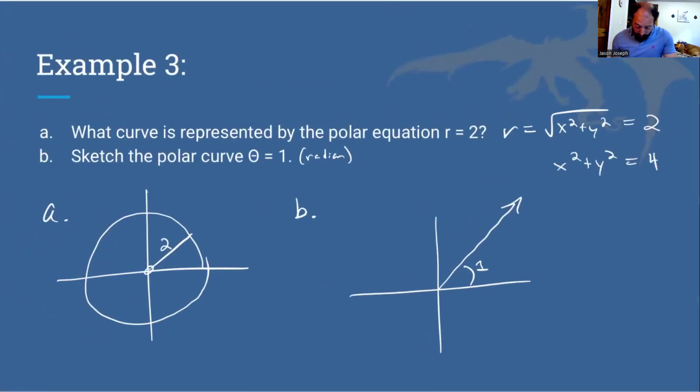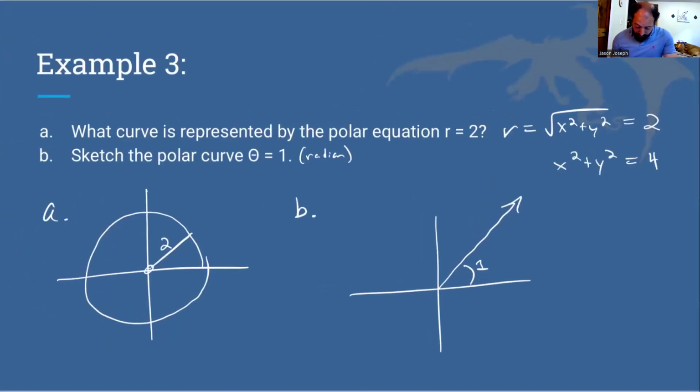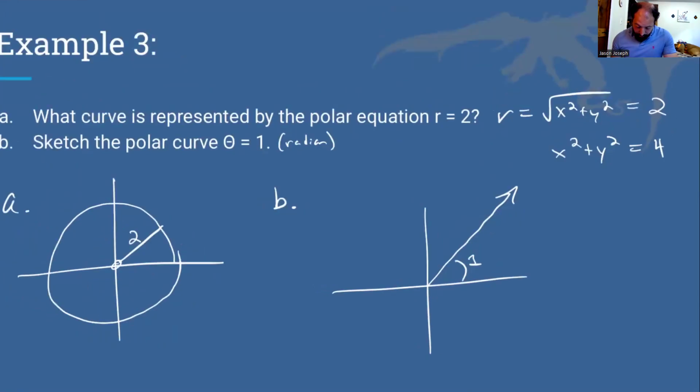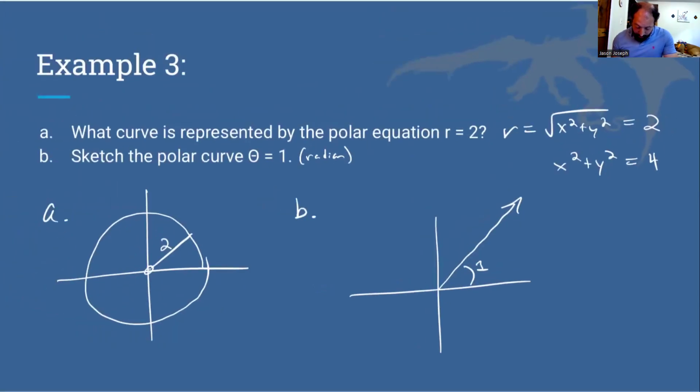we need to allow for the case that r is negative. So for example, the point negative 3, 1 in polar means I still have an angle of 1, but I'm on the other half of the line.